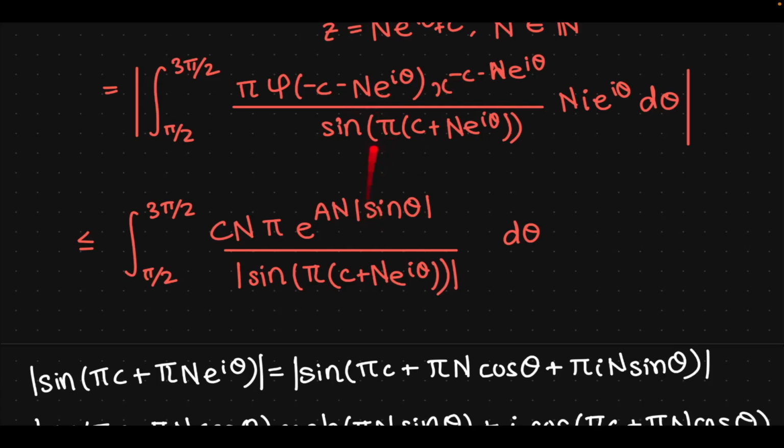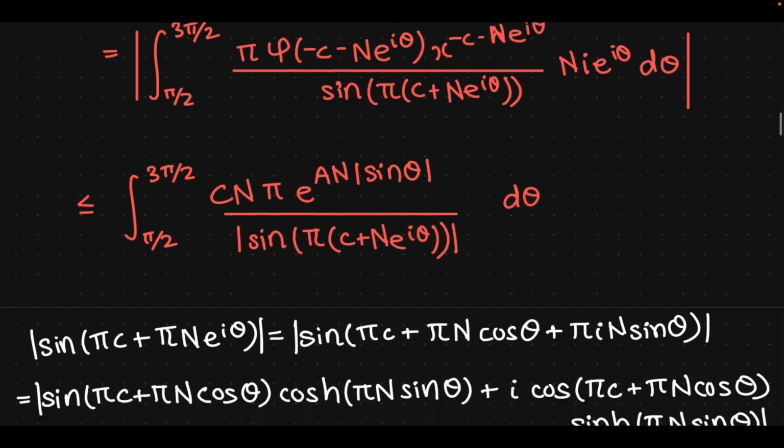So all you have, because this is now a complex argument for the phi, is e to the a N absolute value of sine theta, divided by the absolute value of sine of pi times c plus N e to the i theta, d theta.